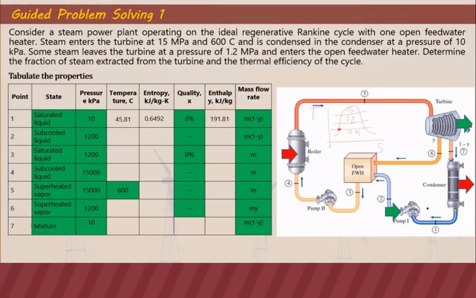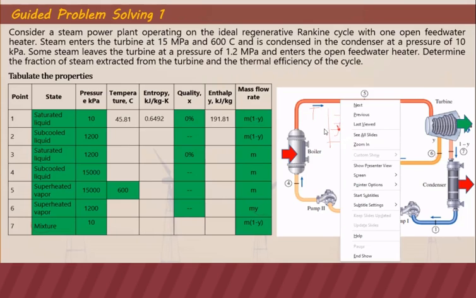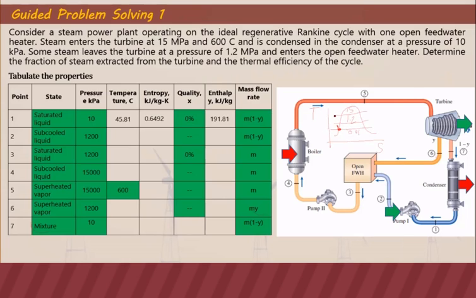From process 1 to 2, it is pumping. So you pump it to a higher pressure, which is the pressure of the open feed water heater, that's 1.2. We pump it at this point at the pressure. So this is our pressure line at this point. It has to be isentropic, so it's a straight line.